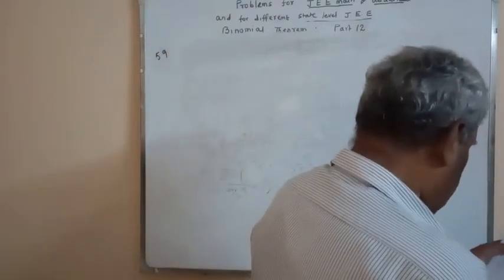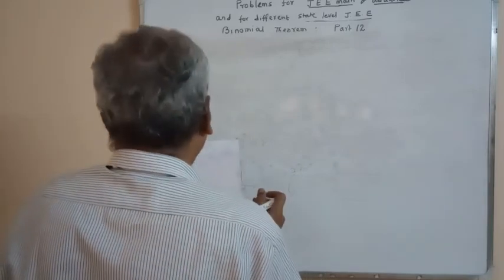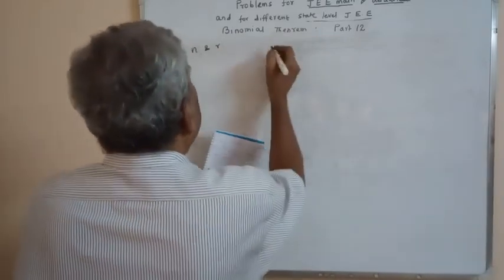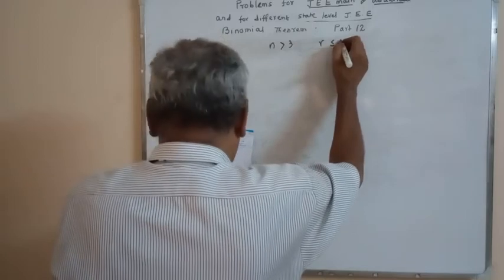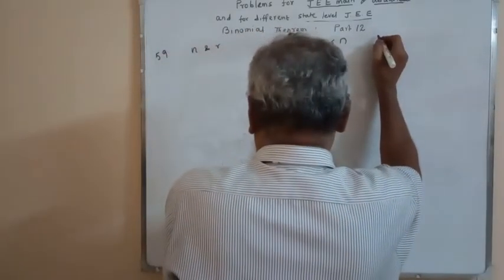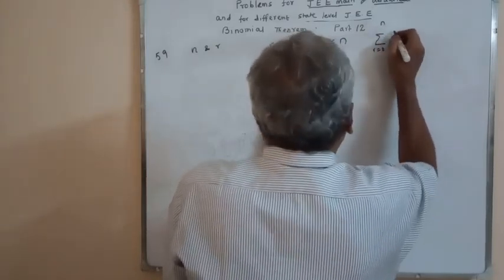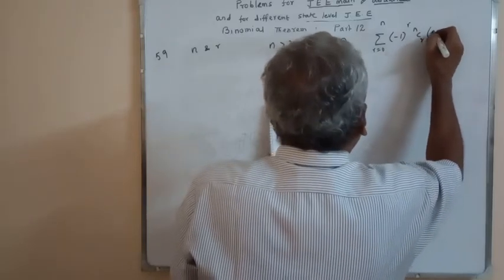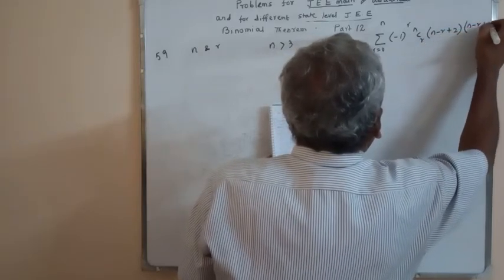And the problem is: if n and r are positive integers such that n is greater than 3 and r is less than or equal to n, then the value of sigma r is equal to 0 to n, minus 1 to the power r, nCr, upon n minus r plus 2 into n minus r plus 1.